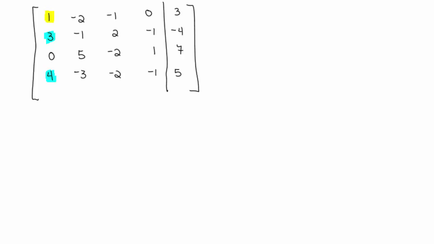But, okay, so we're going to take a negative 3 row 1 and add it to row 2 to become the new row 2. We're also going to take a negative 4 row 1, add it to row 4 to become the new row 4. Let's go ahead and write that down.